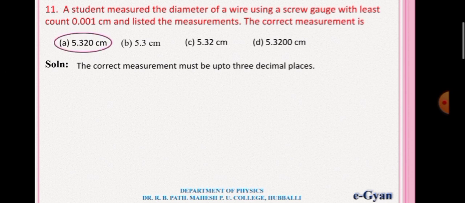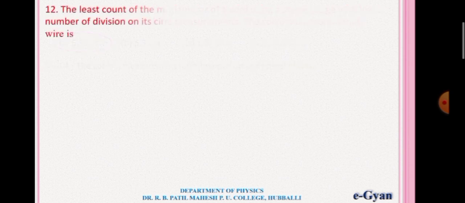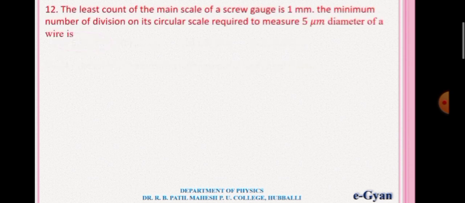Next, question number 12. The least count of the main scale of a screw gauge is 1 millimeter. The minimum number of divisions on its circular scale required to measure 5 micrometer diameter of a wire is: option A 50, option B 200, option C 500, option D 100.